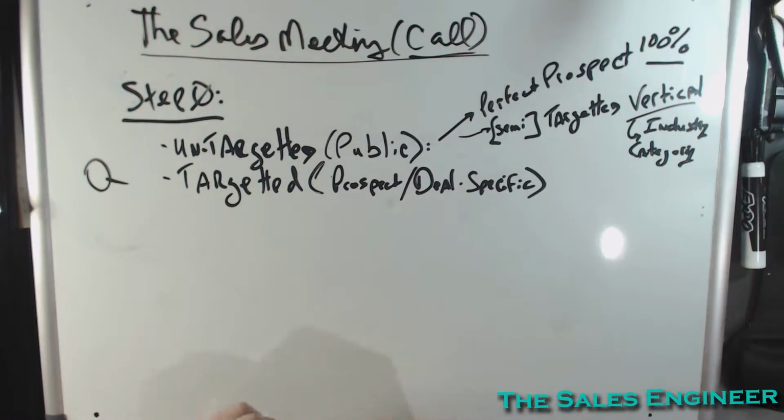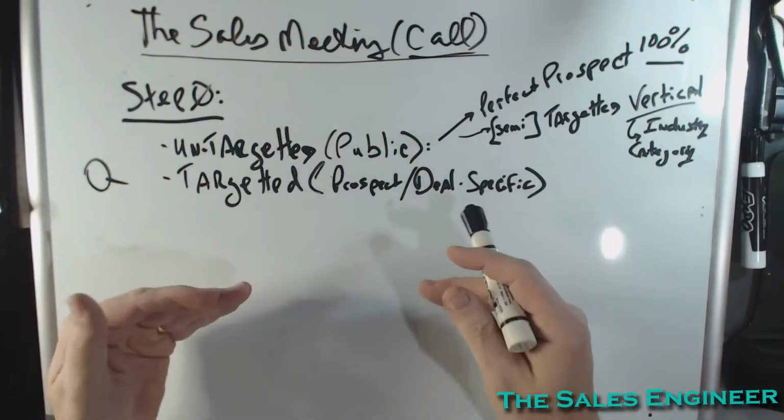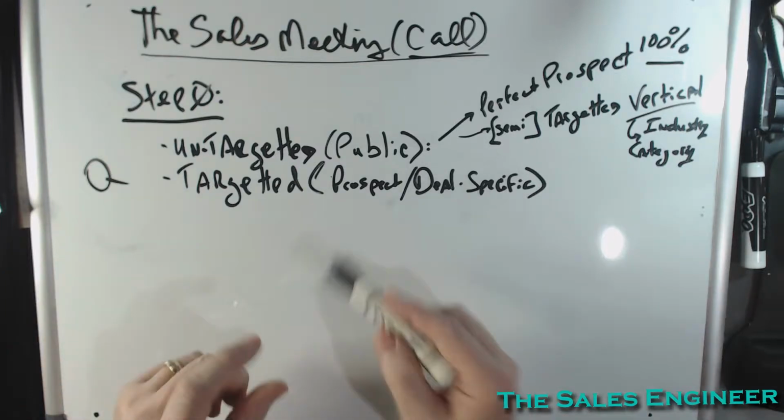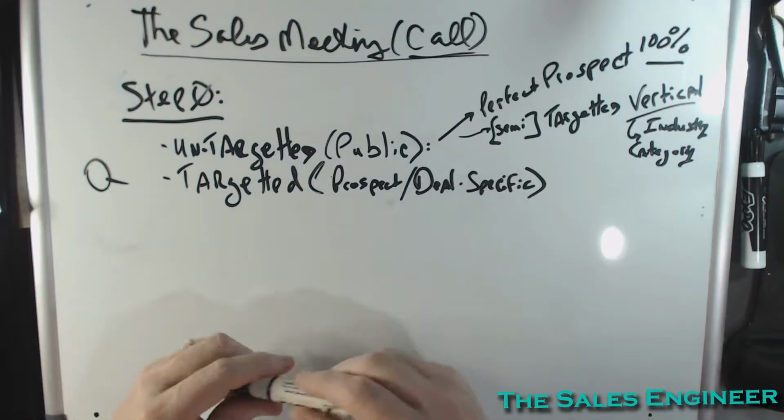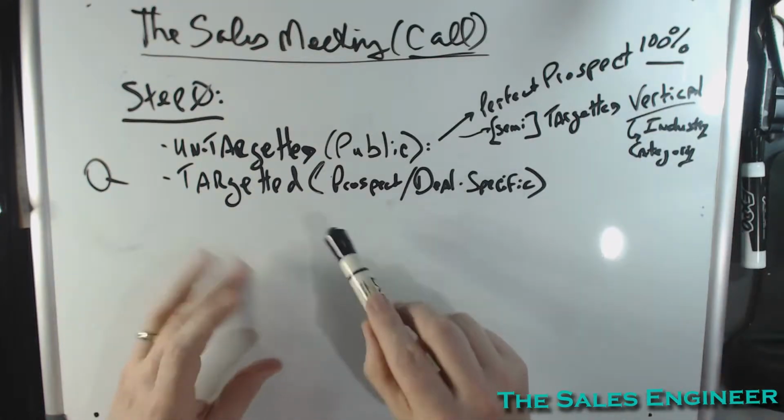So the next angle, and this is all prior to the meeting, because this is what's setting up your meeting, the expectations, right, is the targeted, prospect or deal specific. So along the same lines of a vertical, now we know something about this.